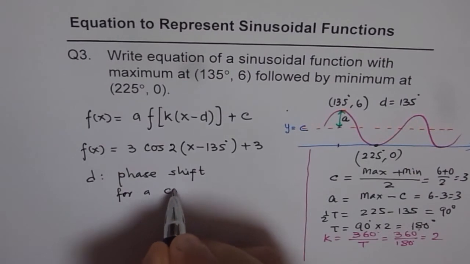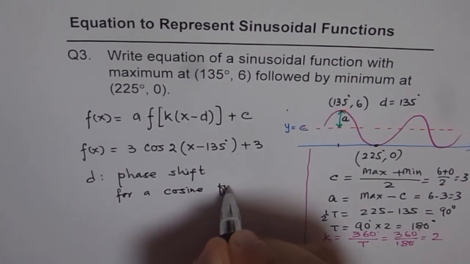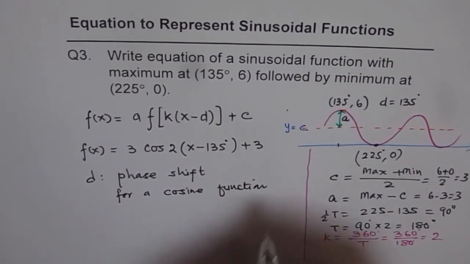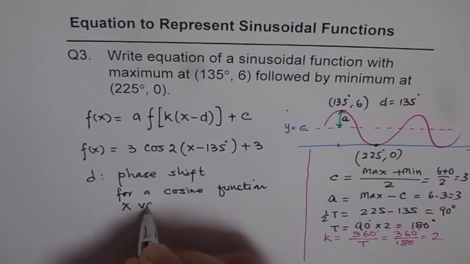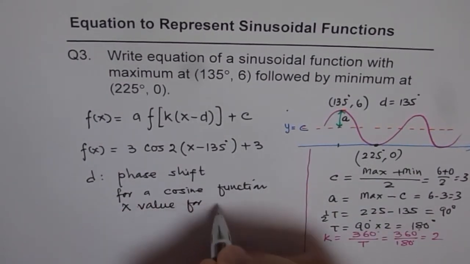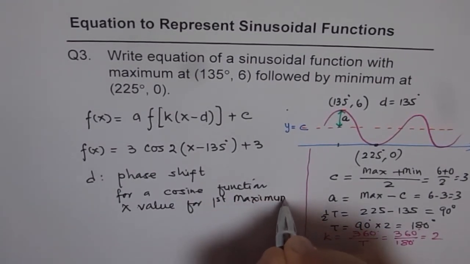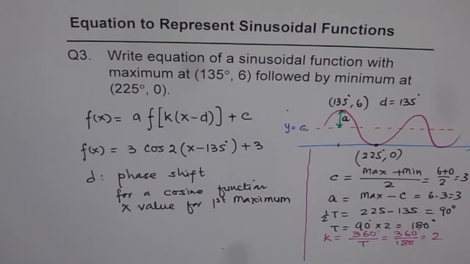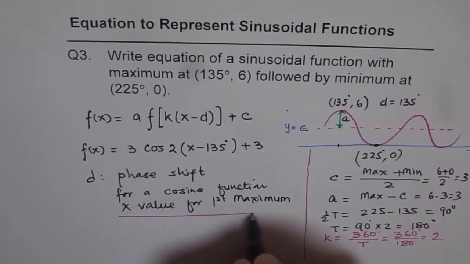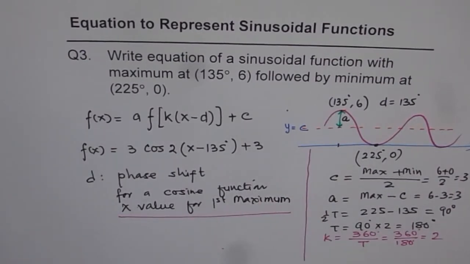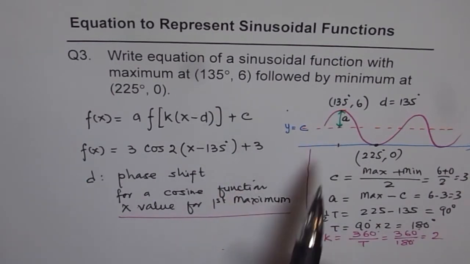For a cosine function, it is the x value of the first maximum. So the first maximum is at 135, because the previous one would be at minus 180, which is a negative number. So that is how we get our equation.